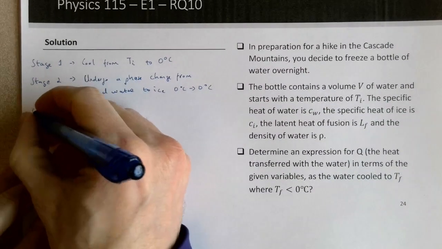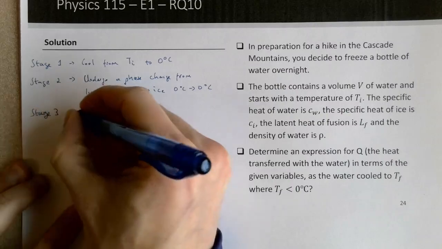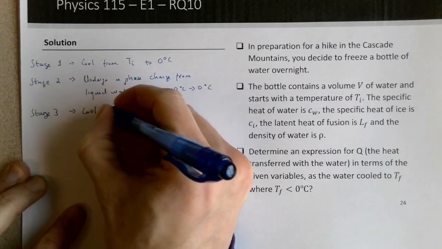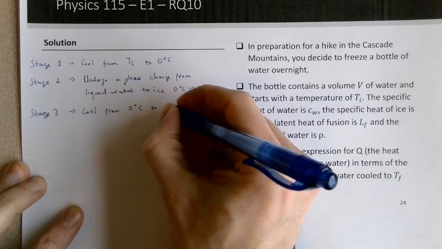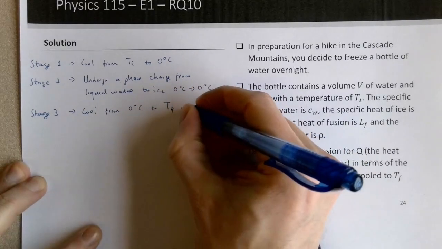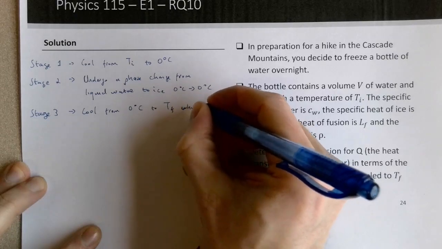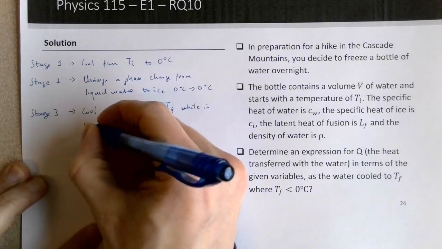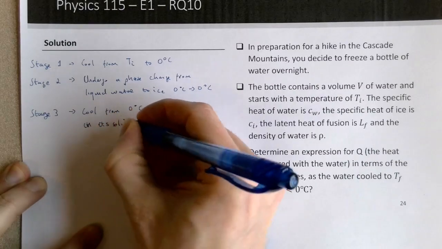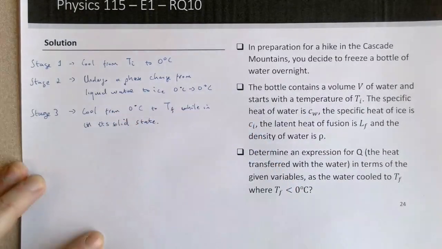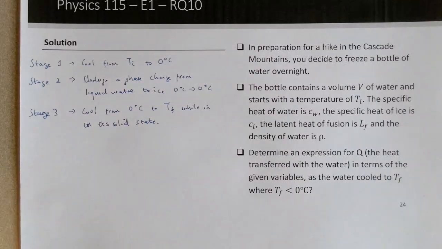And then stage 3 needs to cool from 0 degrees to T final while in its solid state. Okay, so there are 3 stages. These are 3 different Qs for this particular process.